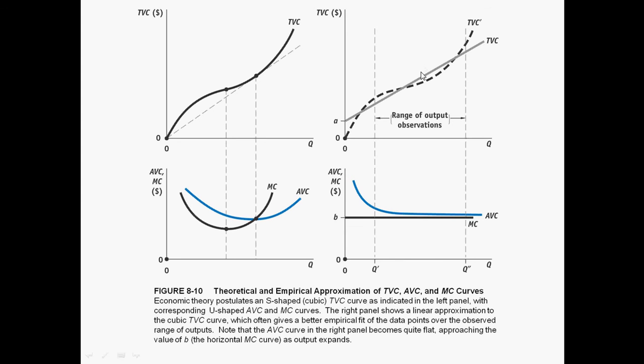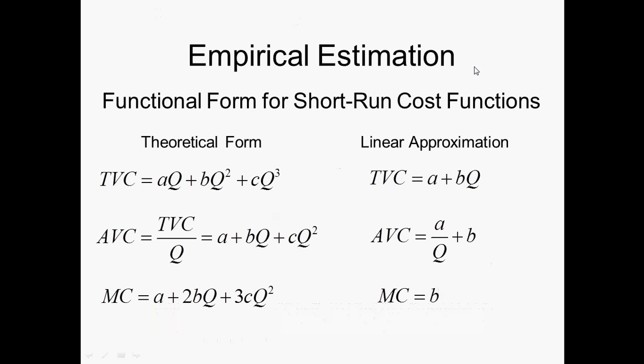You probably want to do more sophisticated methods if you can. Here are some examples. If you're trying to do a linear approximation, maybe the real total variable cost function here is Q plus Q squared plus Q cubed, with coefficients. If you're doing a linear approximation, it has to be linear by assumption, so it's A plus BQ.